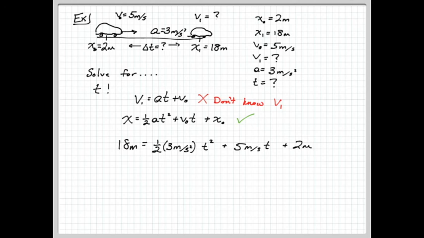Now how do we solve this for t? Well, we're going to do a quick little review step here. You'll notice that if I move the 18 to the other side, combine the like terms, I get 0 equals half times 3 is 1.5, we have 5 meters per second t, and then 2 minus 18 is negative 16 meters.